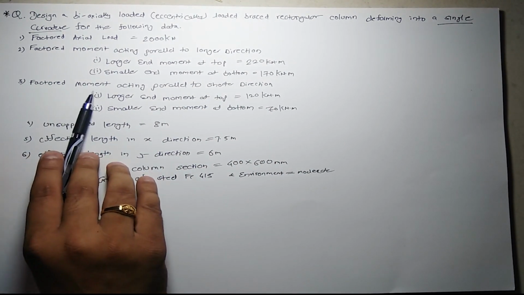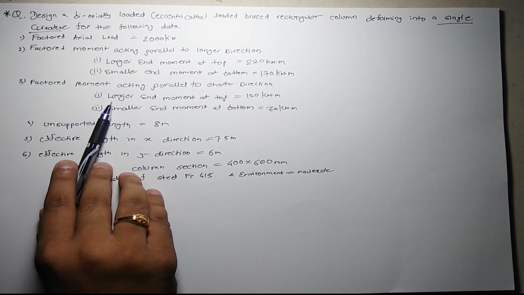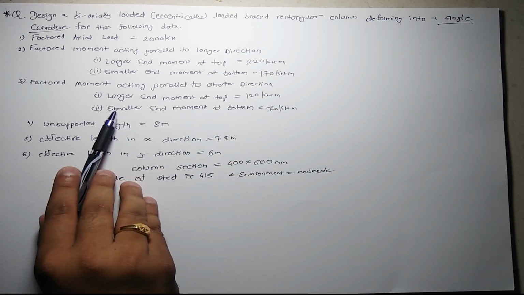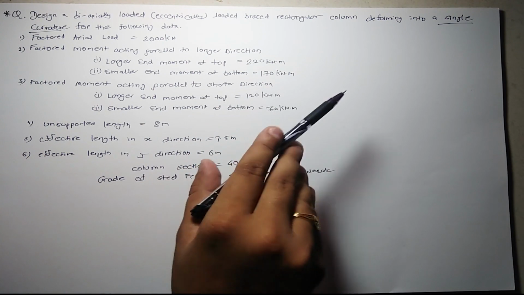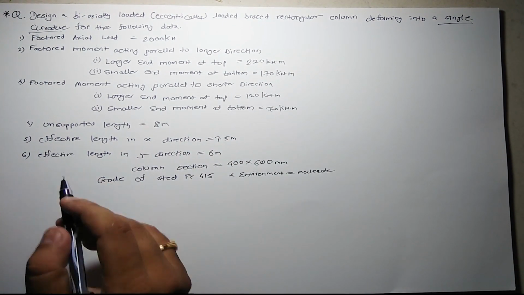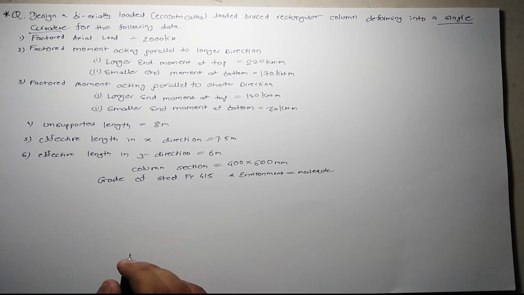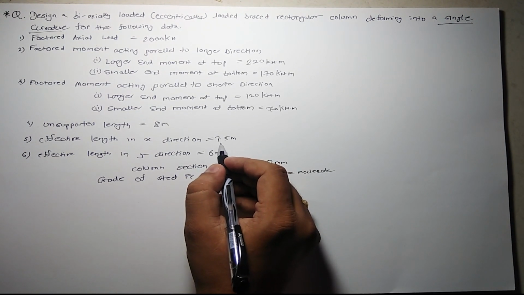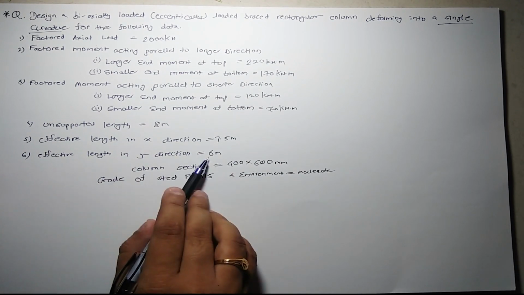Then factored moment acting parallel to the shorter direction: the larger end moment at top is 120 kilonewton meter, smaller end moment at bottom is 70 kilonewton meter. Then unsupported length is also given. Then effective length in x direction is 7.5 meter, and in y direction 6 meter.